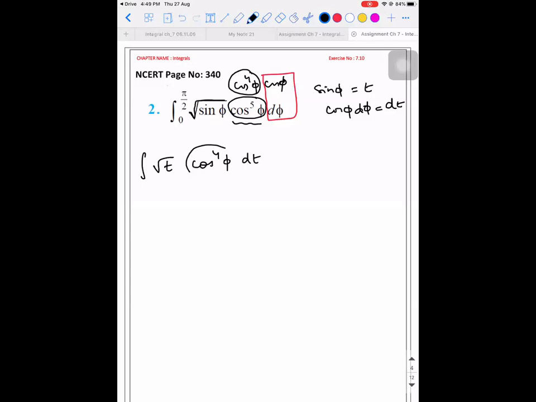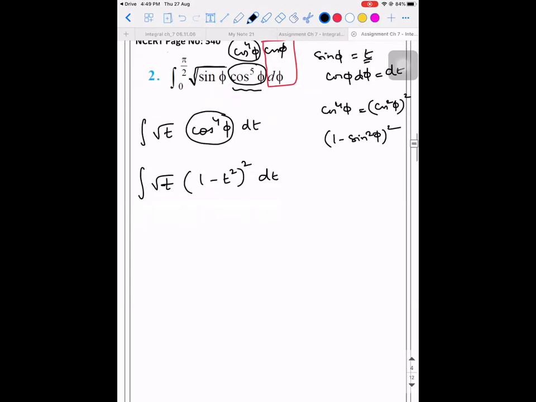This cos power 4, I will write as cos square phi the whole square, because I want everything in terms of sine; only then I can use t. So 1 minus sine square phi the whole square. Can I write it like this? So I will get root t into 1 minus t square the whole square dt.